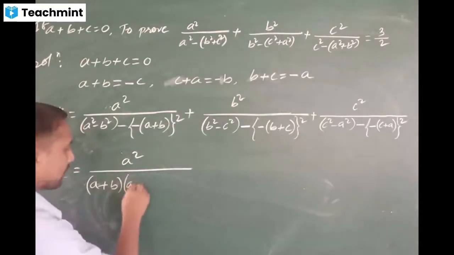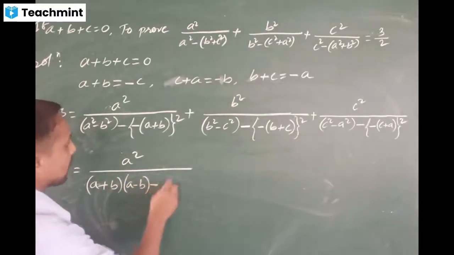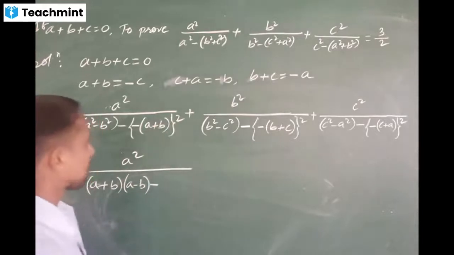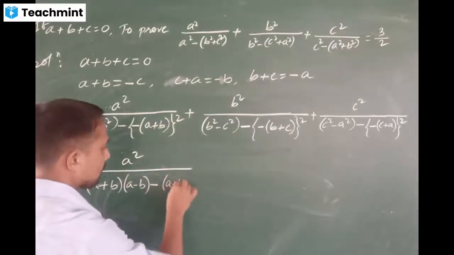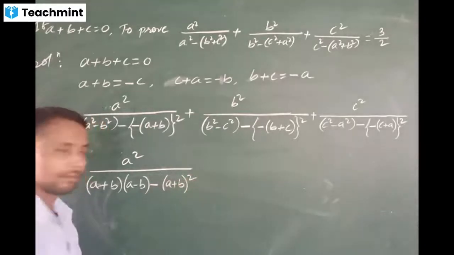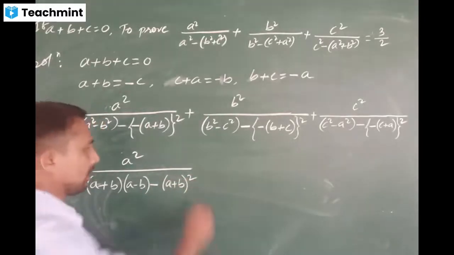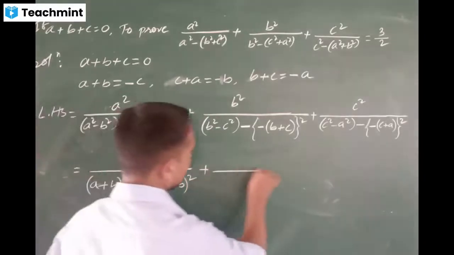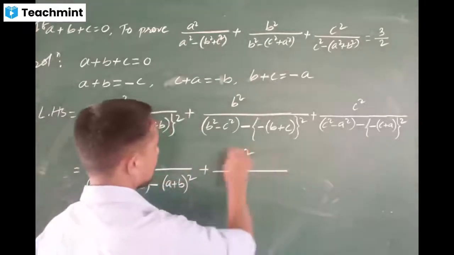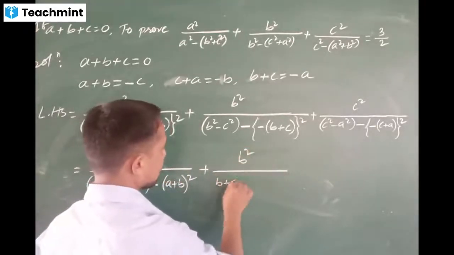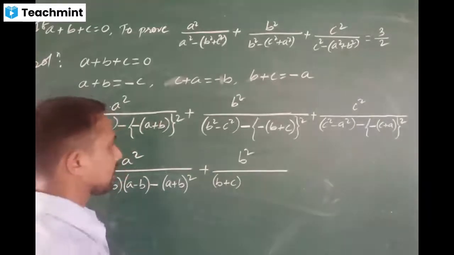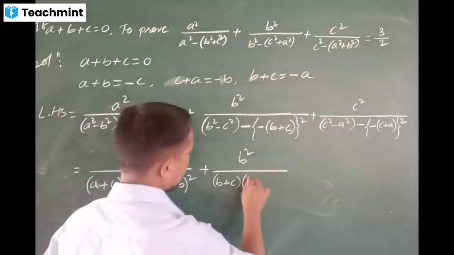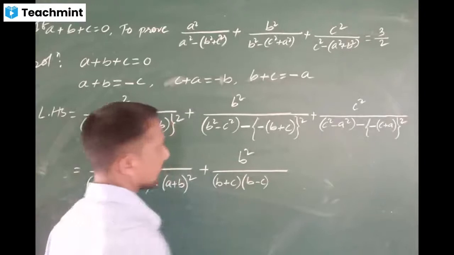This is a minus b, minus whole square, it will become plus (a plus b) whole square, plus, same way, b square, b plus c, okay, b plus c and b minus c.